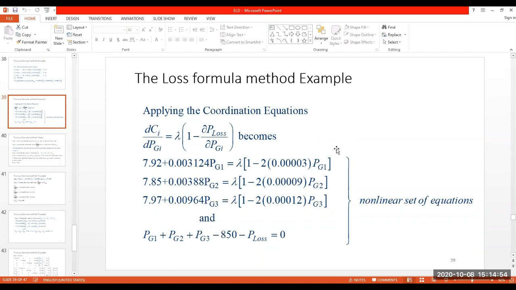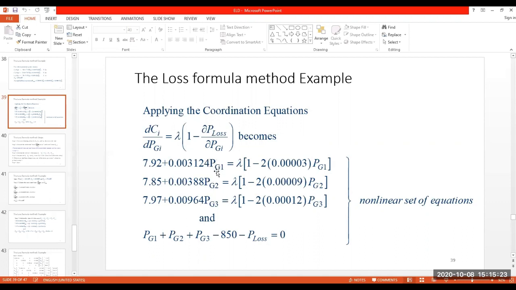There is a little trick: we are only replacing the PGs on the right-hand side, which are part of the loss expression. So we are only putting the assumed PG values from the previous iteration, and the new PG values will be obtained after solving this.